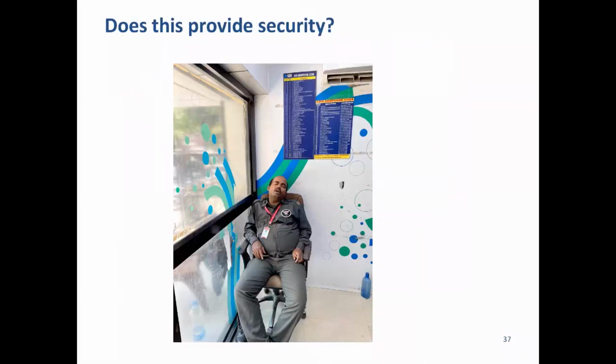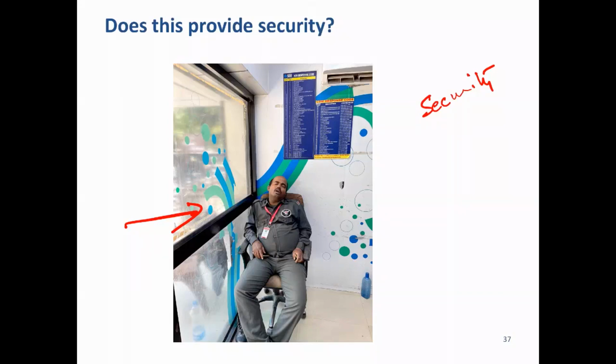All right. I took this photograph about a week back at one of the ATM machines. Does this provide any security? This physical security to the ATM machine, does it? Anybody? Of course, the objective is lost if the person is sleeping, but nobody will steal an ATM machine, so there's some degree of security, right?